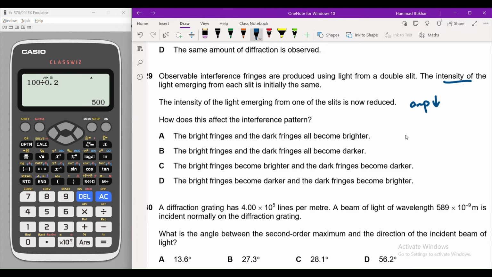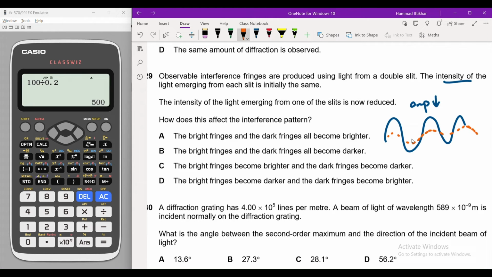So one of the amplitudes is reduced. For example, when one wave is this, the other wave is sort of like this. So obviously this will affect the superposition in total.